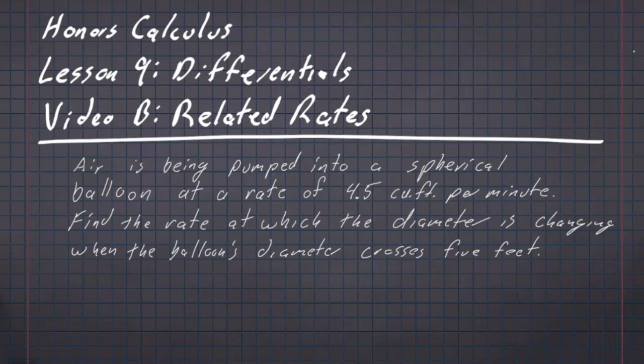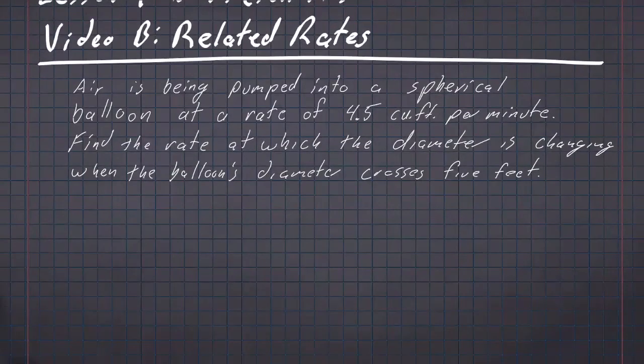So, in our quest to solve this problem, we need to think about how to represent the change in volume, how fast the volume is increasing. That's exactly the job of the derivative.